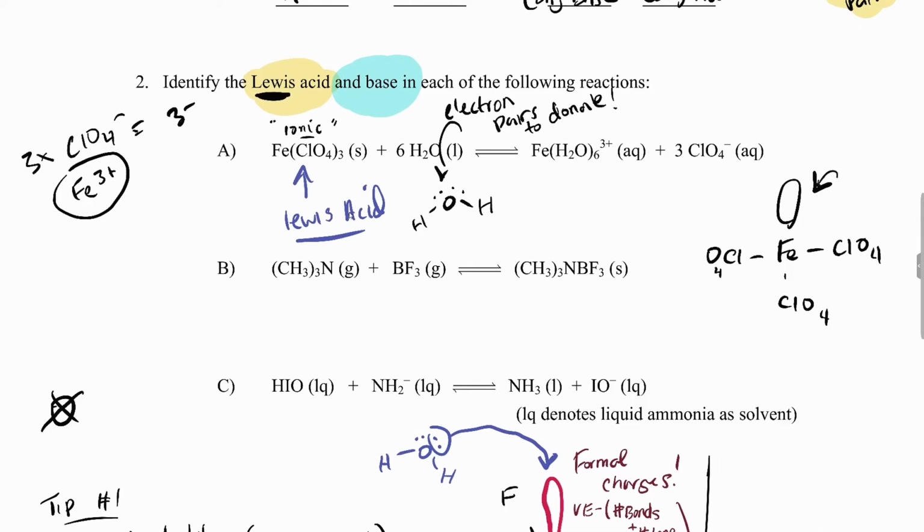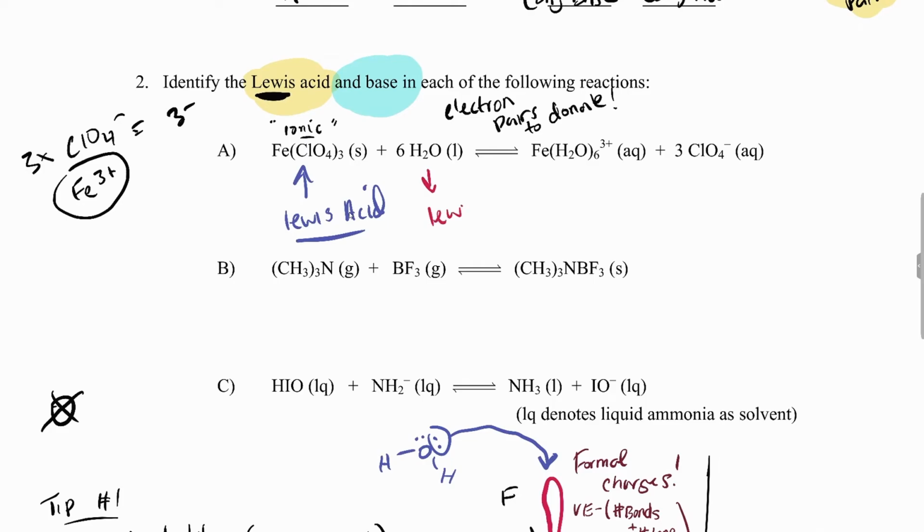Awesome. So that's what I meant by highly charged metals typically acting as Lewis acids. That means the water in this case is acting as a Lewis base. So, be on the lookout for highly charged metals.